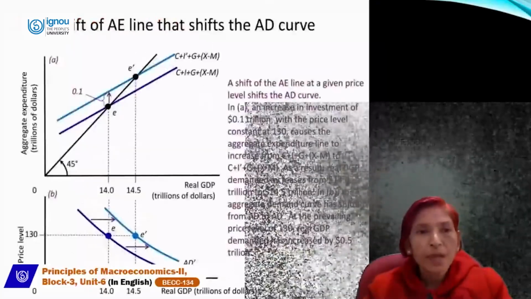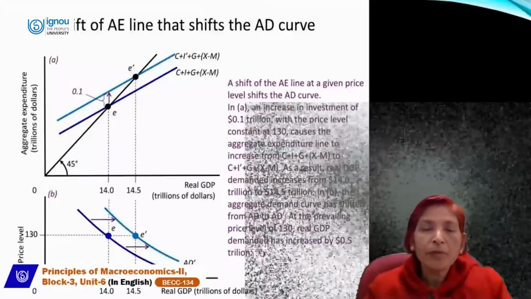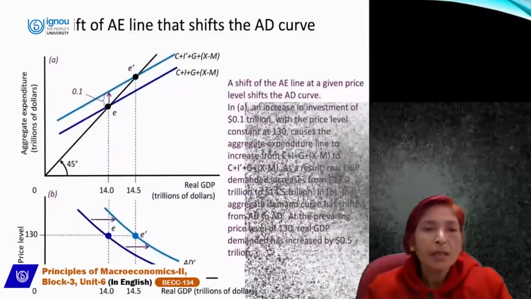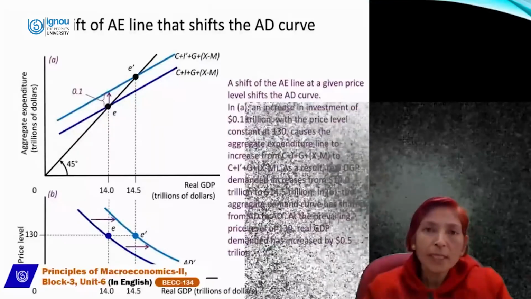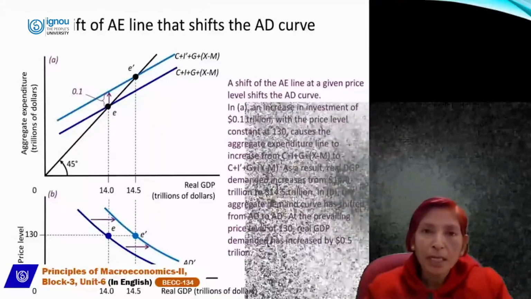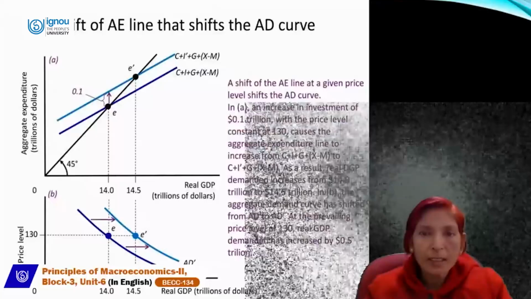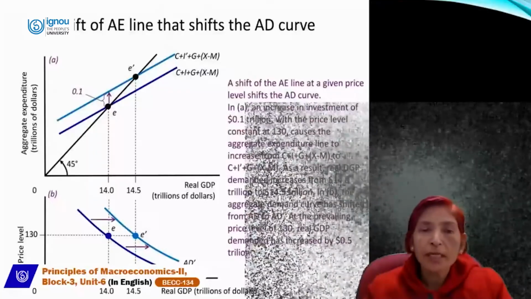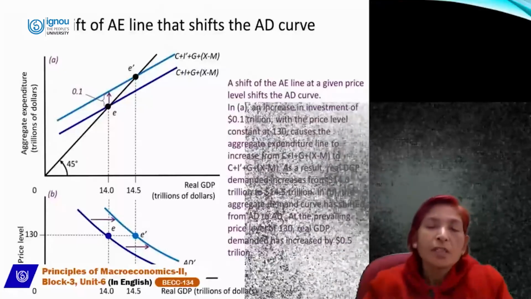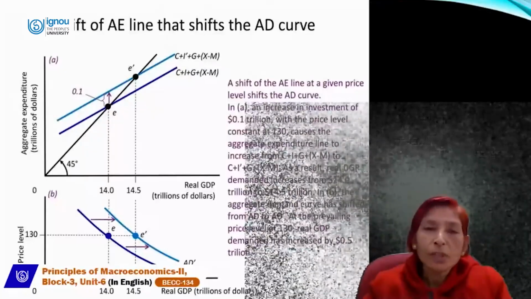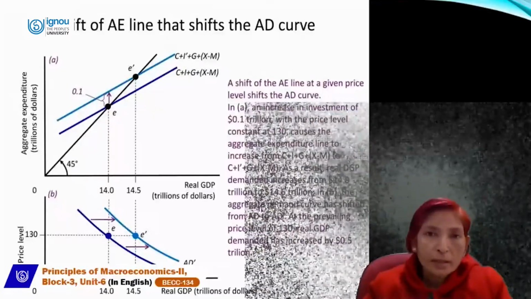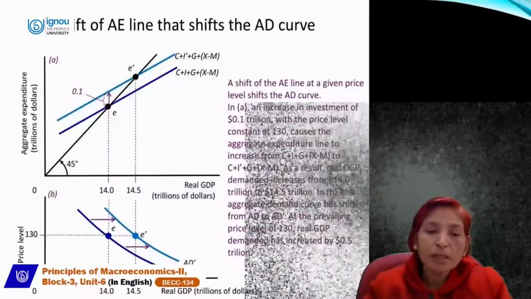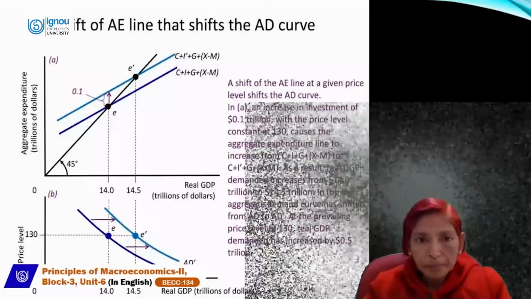Next, the aggregate demand curve we can derive with the help of the aggregate expenditure line. This also we have discussed earlier, and you know that the aggregate supply line is always a 45-degree line. This aggregate supply line is known as the aggregate expenditure line, which is always a 45-degree line, which shows a positive, direct, and proportionate relationship between aggregate expenditure and real GDP.